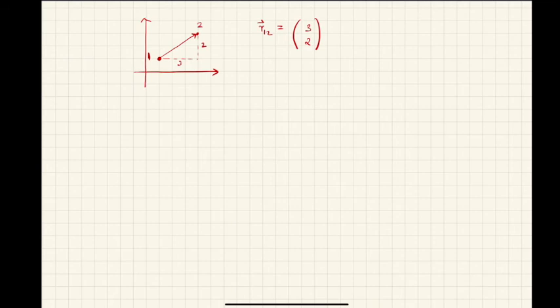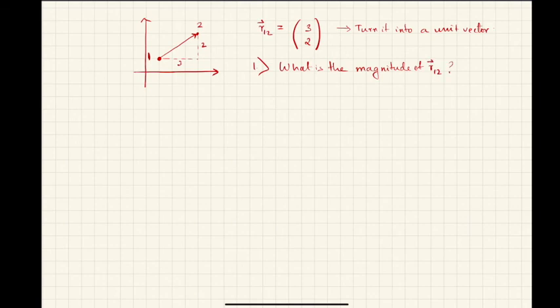Now that I know the r12 vector, I need to turn it into a unit vector. Okay, so in order to turn it into a unit vector, I first need to figure out step one, which is the magnitude of the r12 vector.